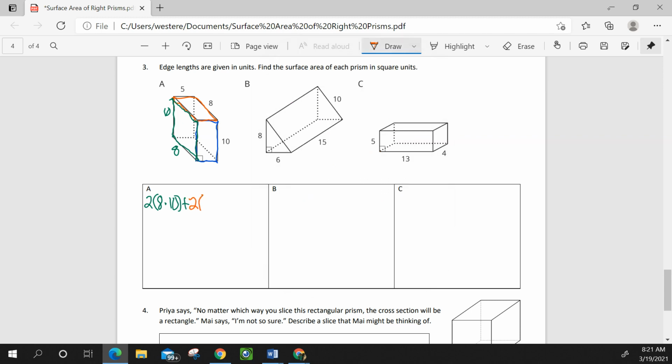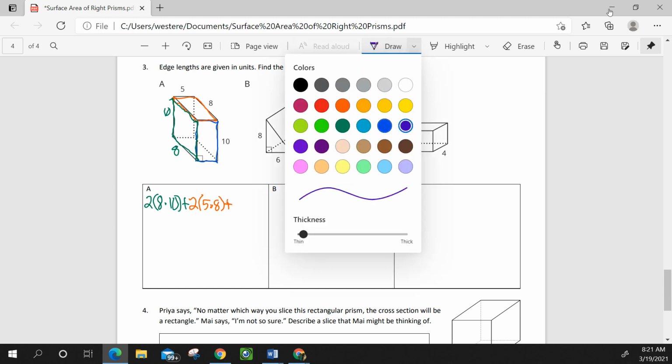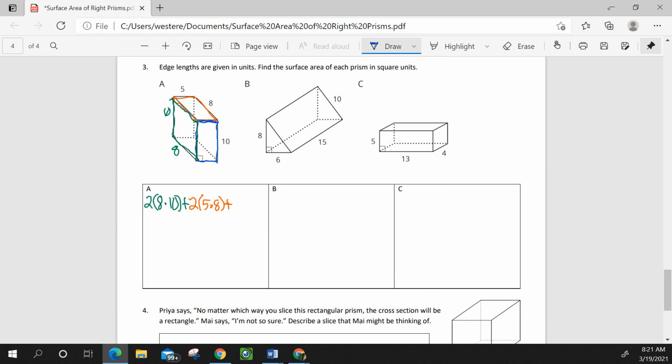The measurements on that are 5 times 8. I'm going to add to that my blue. Blue, not purple. And there are 2 of those also. And I can see these are 10, but what is this length? Well, this is the same as this. And if I look across, I can see this length is 5.